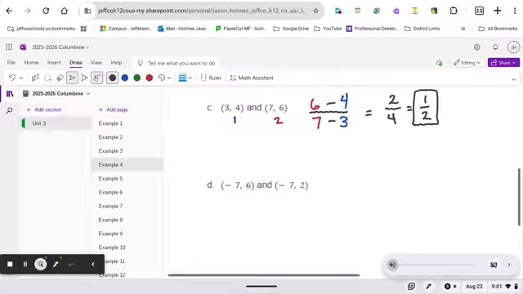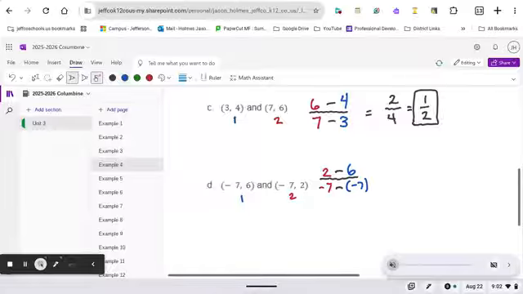On to the last one, and I really like this one because it gives us a chance to talk about something important. So we're going to say this is point 2. We'll have 2 minus 6, over negative 7 minus negative 7.